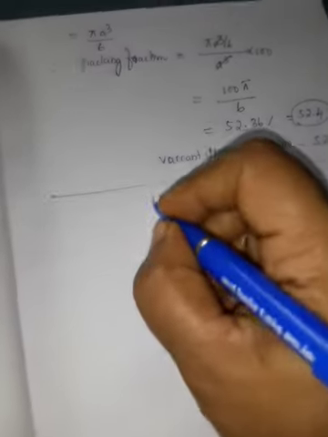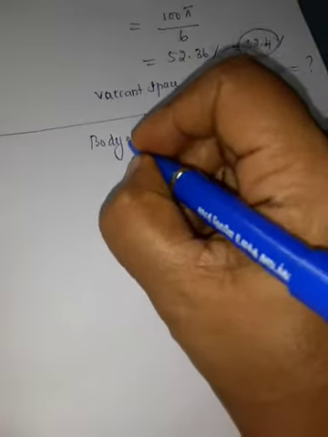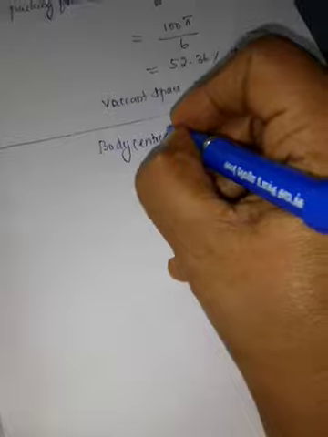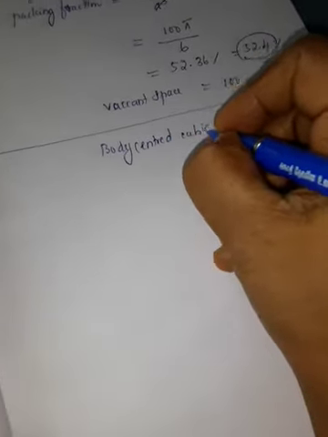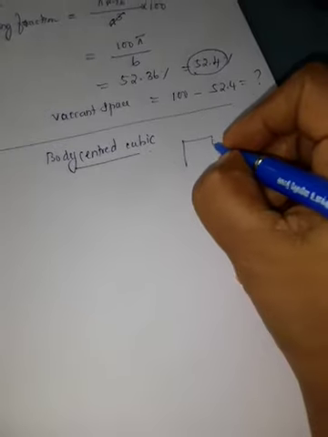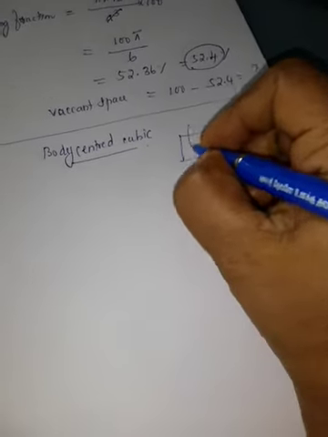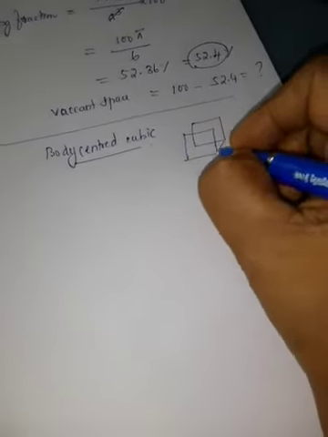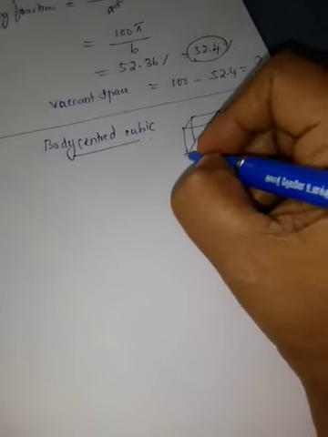Next, packing efficiency in body-centered cubic. Body-centered is a non-primitive unit cell. Non-primitive means atoms are not only in the corners but also at other positions.